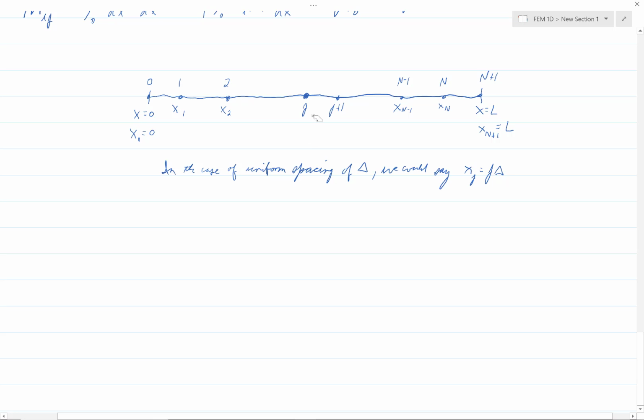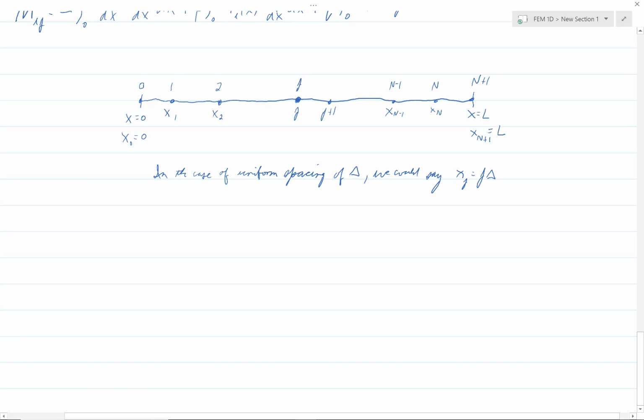So this is node j, this is j plus 1, and here is j minus 1. So this would be x j minus 1, and this would be x j, and this would be x j plus 1.